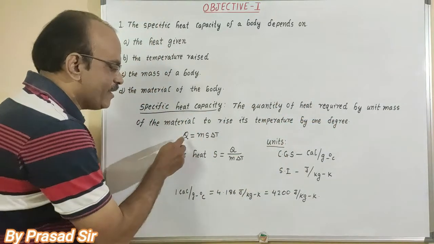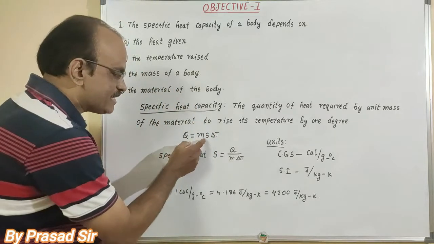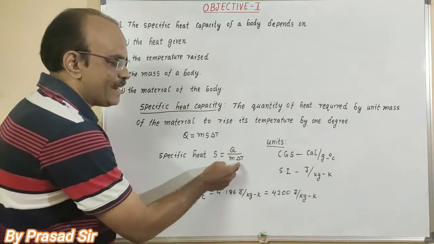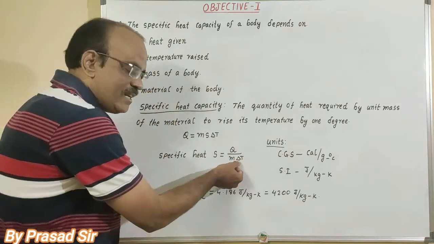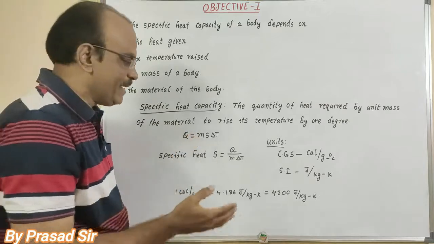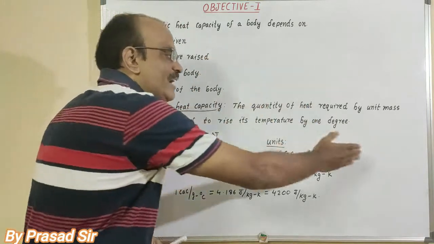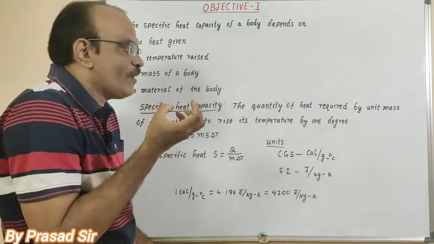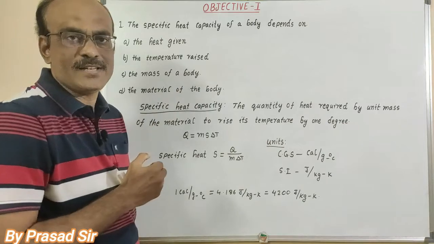So Q is equal to m s delta T, that means s is equal to Q by m delta T. Here mass is 1 unit and temperature change is also 1 unit. That means for 1 unit of mass to raise its temperature by 1 degree centigrade, how much amount of heat is required, that is called the specific heat capacity.